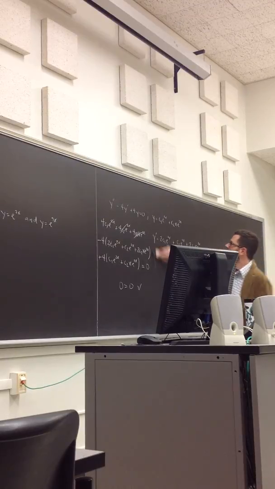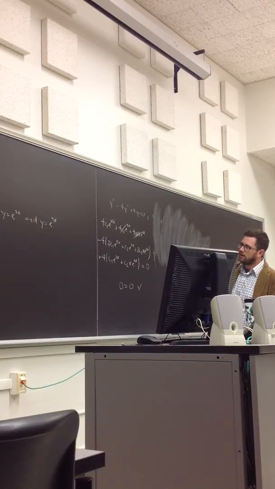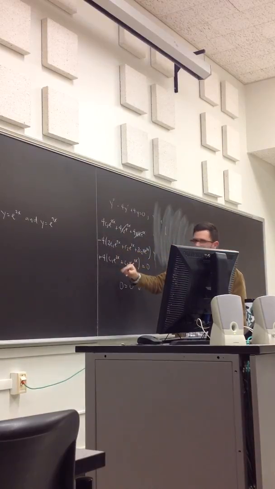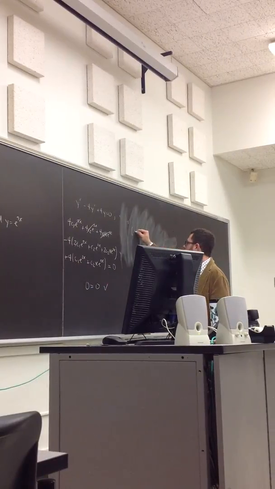Instead of checking it like that and crossing things out, there are 3 different types of terms, right? So show me the coefficients. So do what I did. Got 4 minus 8 plus 4. Okay, so 4 minus 8 plus 4.